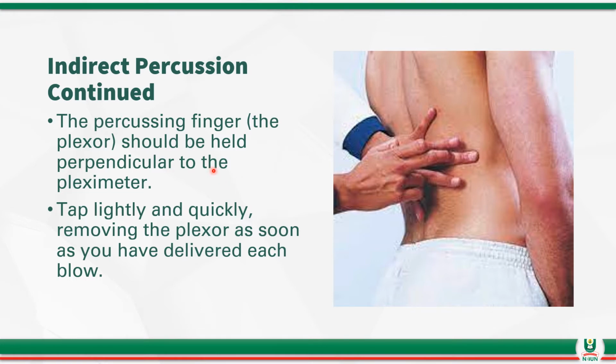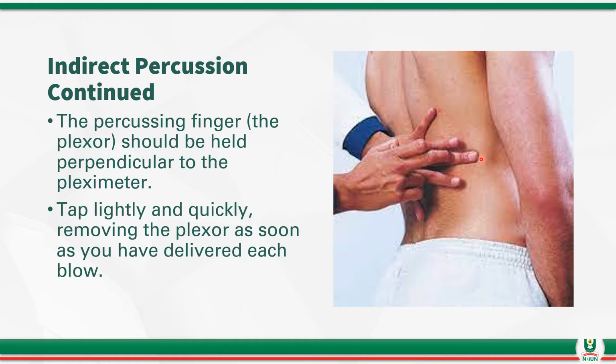To perform indirect percussion, you use the middle finger of your non-dominant hand. It depends on the hand you use: for right-handed individuals, the dominant hand is the right hand, while the non-dominant hand is the left hand. You place the middle finger of your non-dominant hand as the pleximeter, firmly on the part you want to examine, on the part you want to percuss.